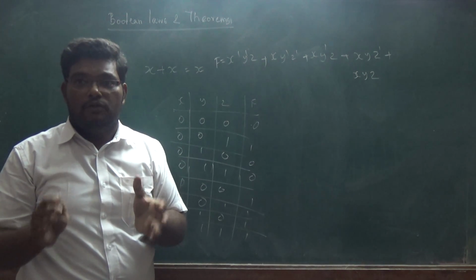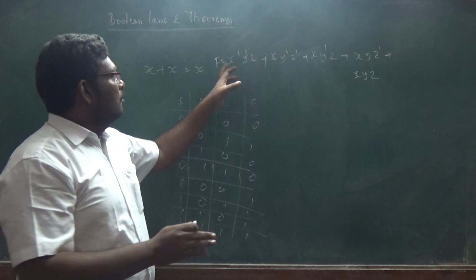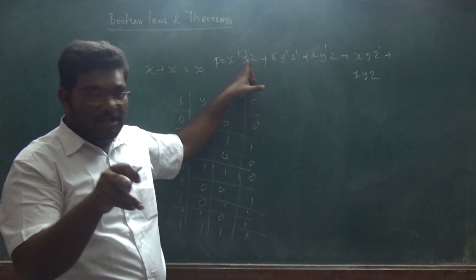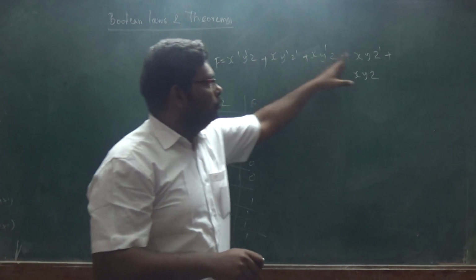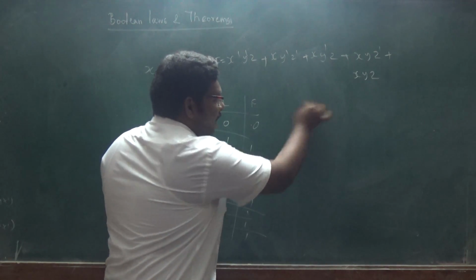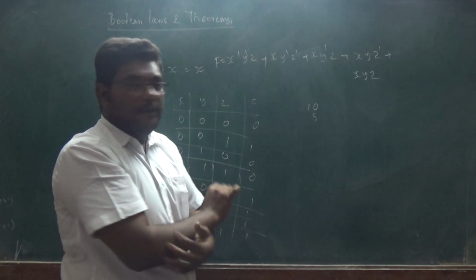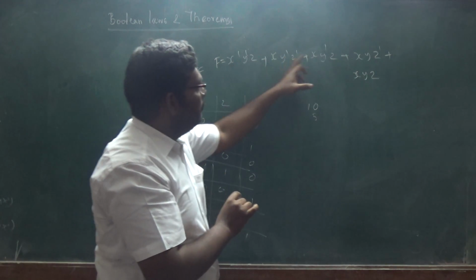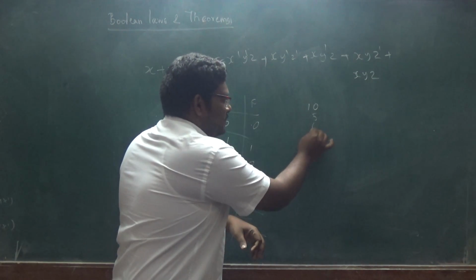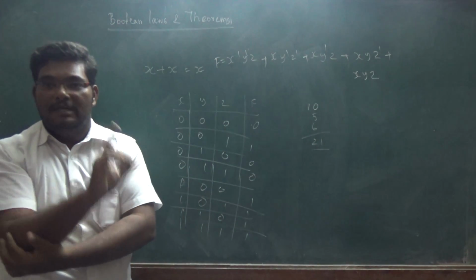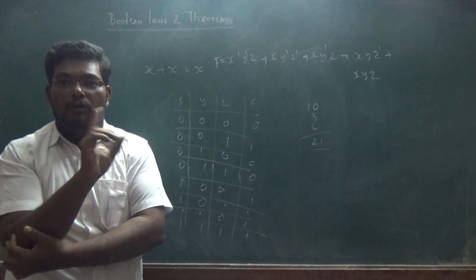In our circuit we need 10 logical AND gates, 5 logical OR gates, and 6 NOT gates. So totally 21 gates are needed for the combinational circuit.